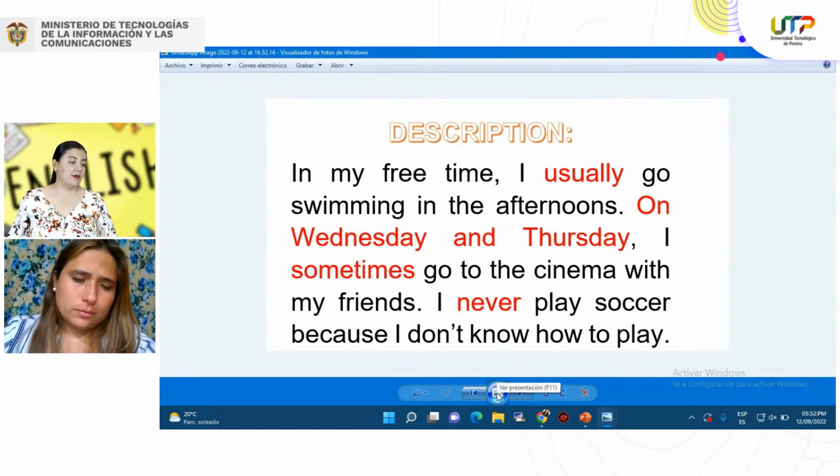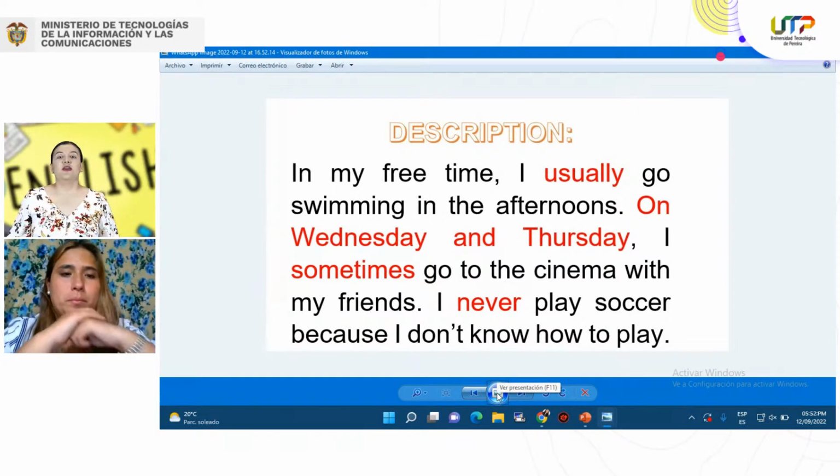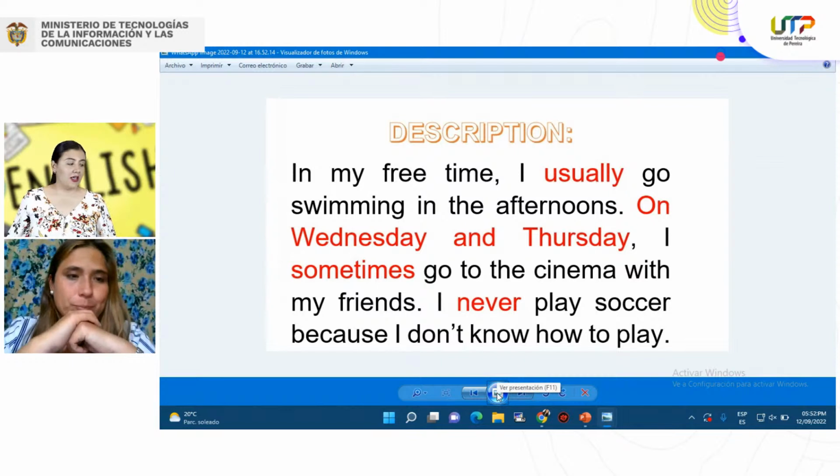I sometimes go to the cinema with my friends. Entonces puedo mezclar dos expresiones, ¿cierto? Expresiones de tiempo como los días de la semana, pero también adverbs of frequency. En este caso estoy usando ambos. On Wednesdays and Thursdays, I sometimes go to the cinema with my friends.